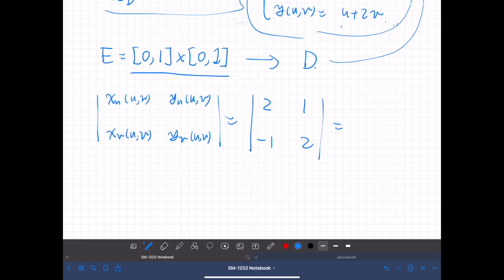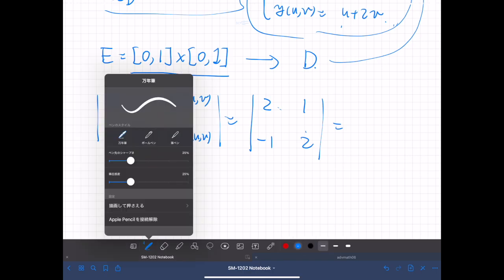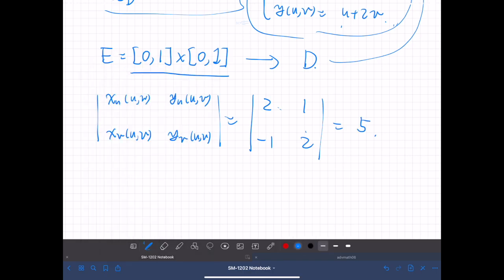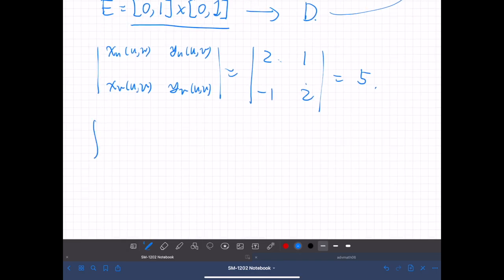So the determinant is 2 times 2 minus 1 times minus 1. So that is 5. So the Jacobian is 5, and it's positive, so we just carry out the integration.